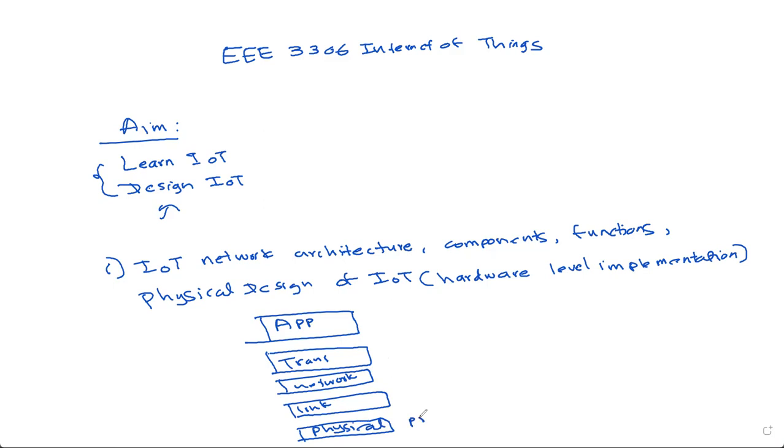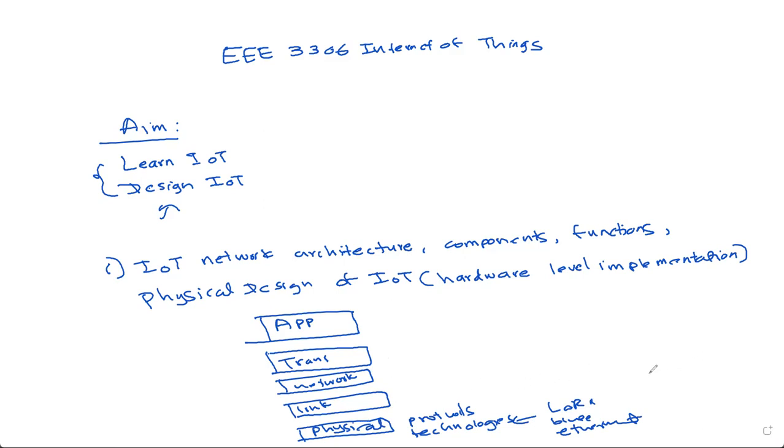We'll be learning about different protocols, different technologies. For example, in the physical layer, we'll be talking about communication technologies such as LoRa, Bluetooth, Wi-Fi, Ethernet, and so on, and embedded systems.